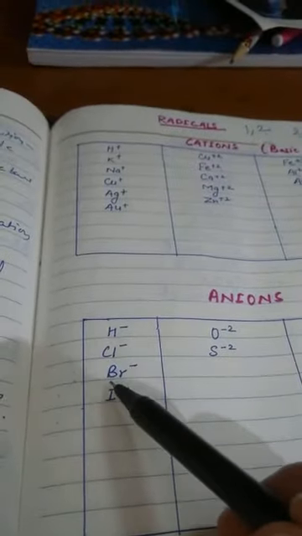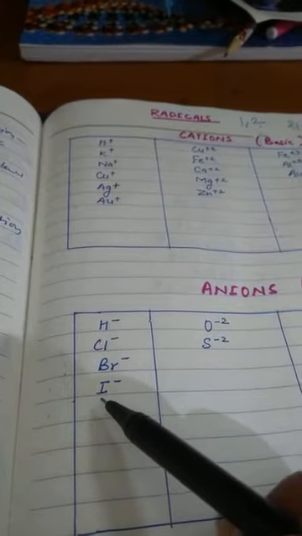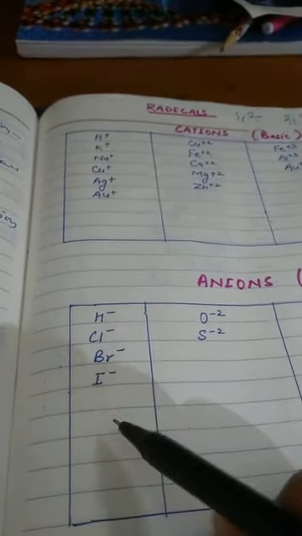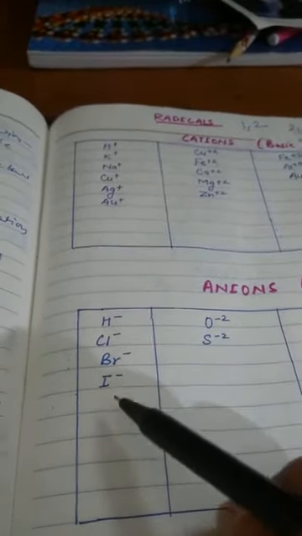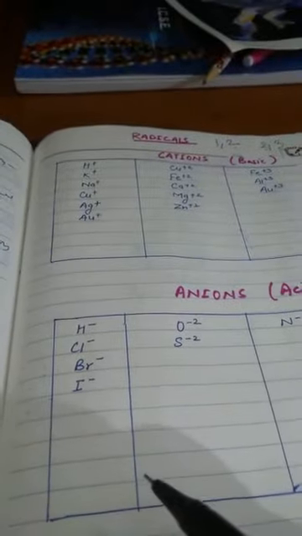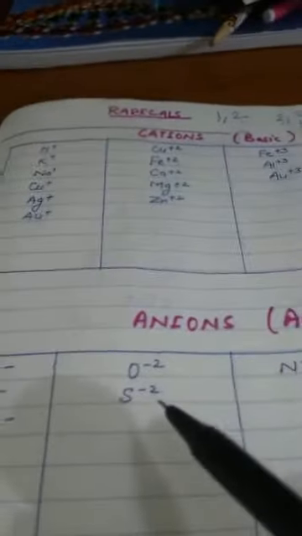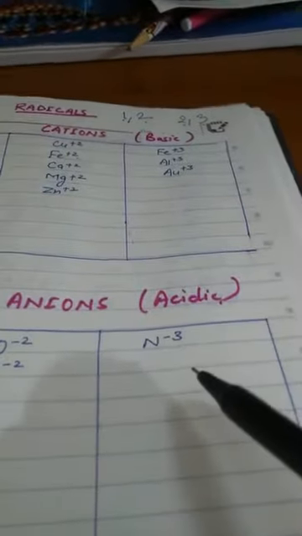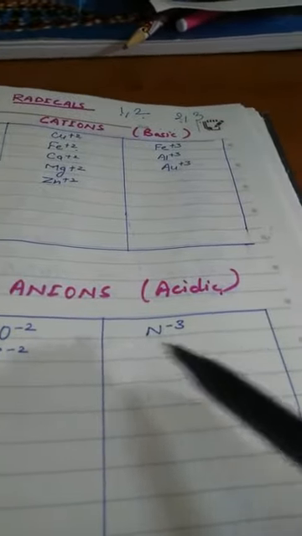Chloride, bromide, iodide are from the halogens, chlorine, bromine, iodine. So you write halogens and hydrogen in the first column, all having -1 charge. In the second column, you have only 2 ions, oxide and sulfide. And in the third column, you have to learn one, that is nitride. Remember, IDE is the suffix.